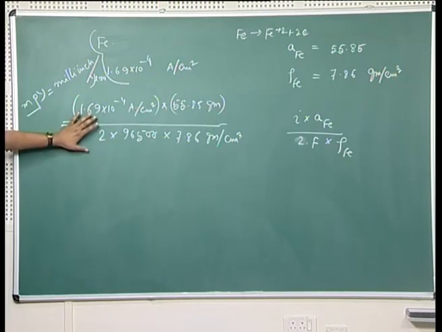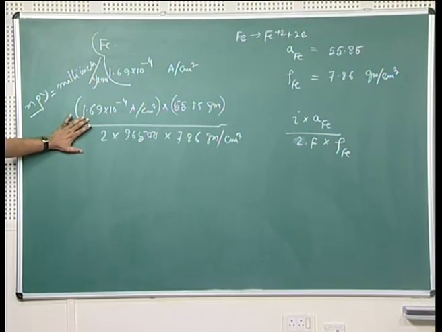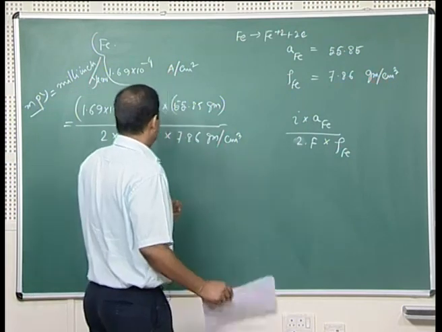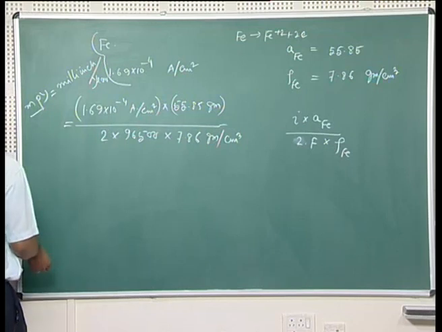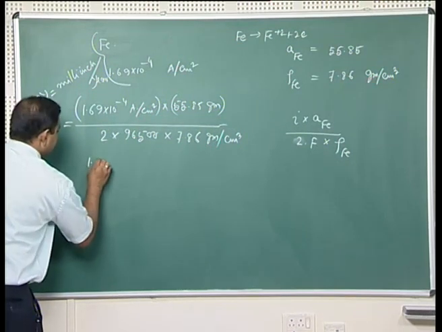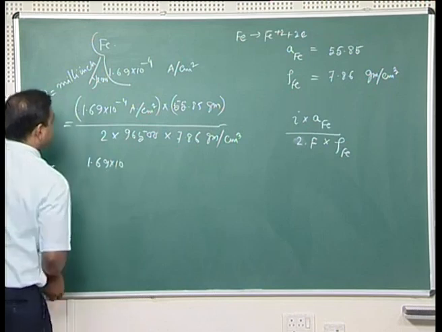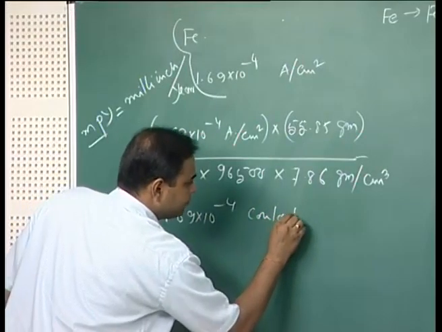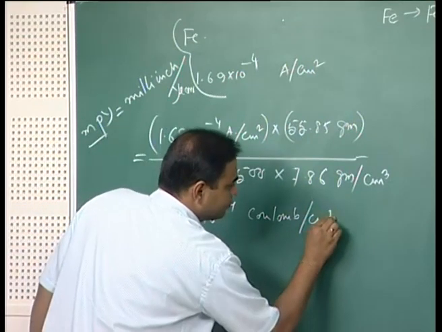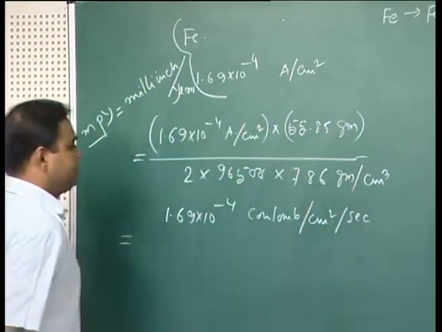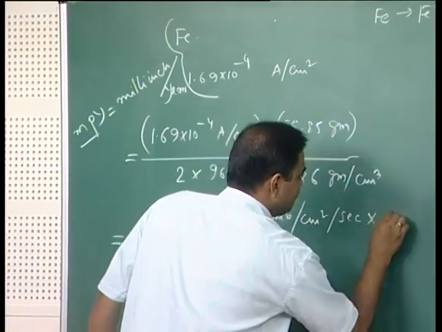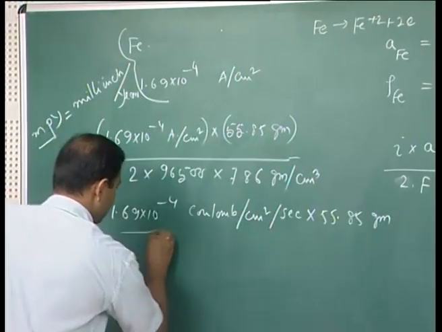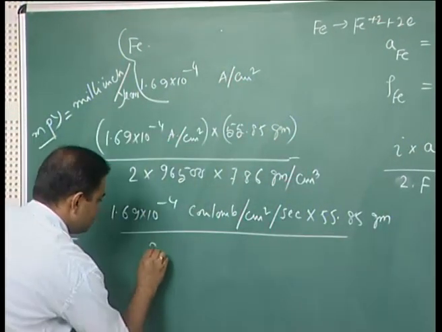Here the time is hidden in this section, because current is nothing but the rate of charge flow. So, we can write 1.69 into 10 to the power minus 4 coulomb per centimeter square per second, into 55.85 gram, divided by 2 into 96500 coulomb.